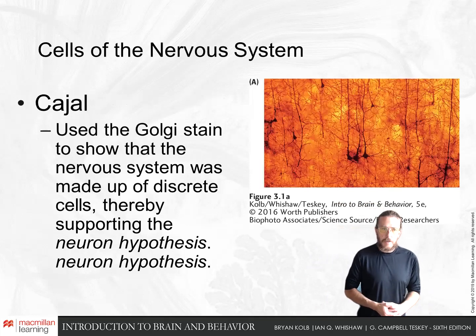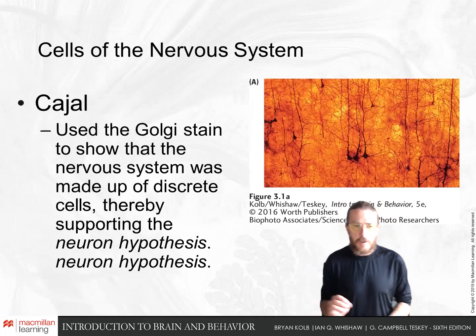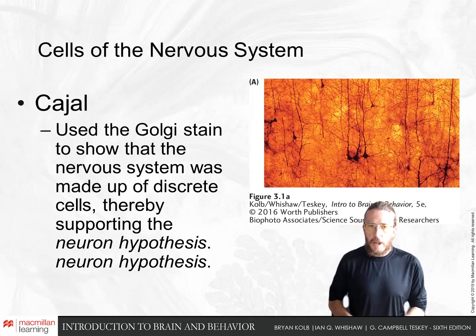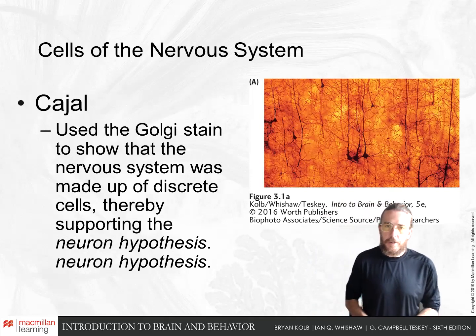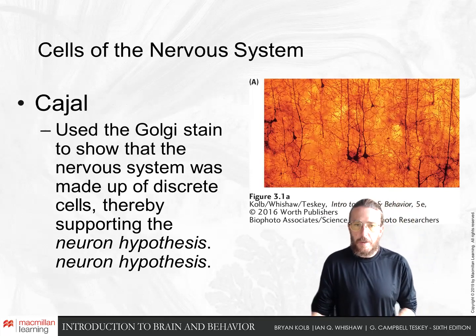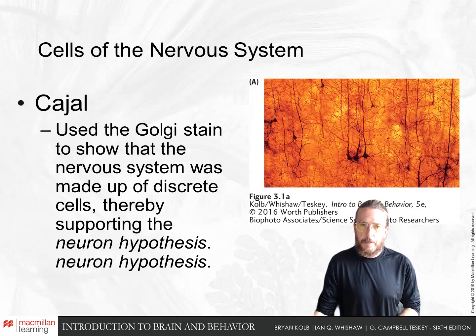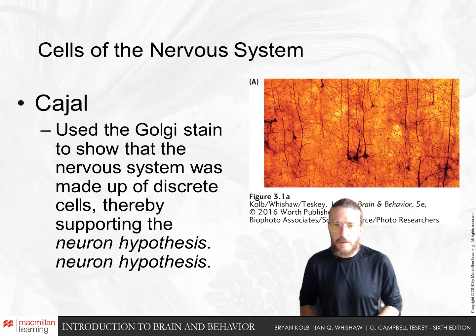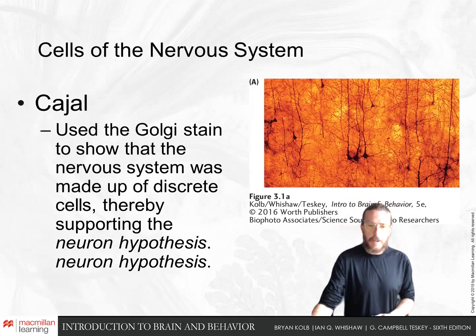So Cajal used this Golgi stain to show that each cell was discrete. As you can see here in a modern Golgi stain image, individual neurons and their processes, all these long tree-like structures, are discrete from one another.